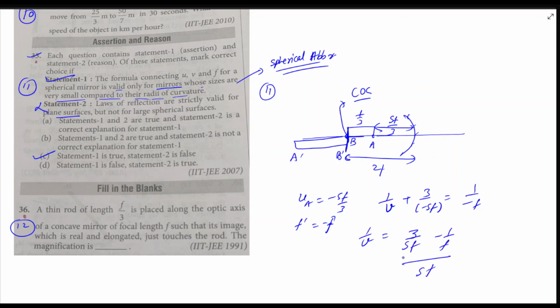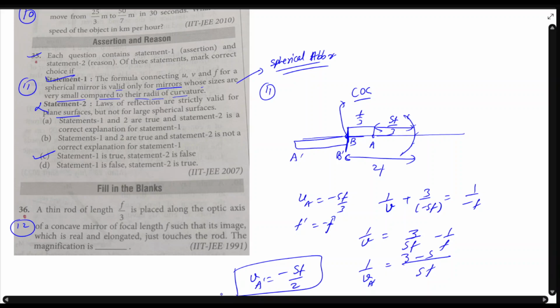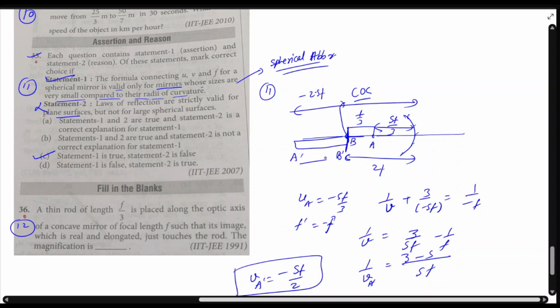So the LCM is 5f, 3 minus 5, so 1 by V_A dash will be minus 2 by 5f, so V_A dash will be minus 5f by 2. Okay, so this distance is actually minus 2.5f. So this distance will be 0.5f.